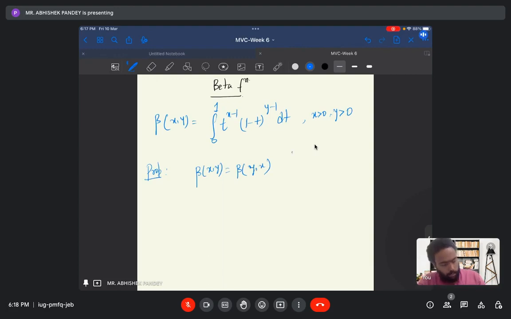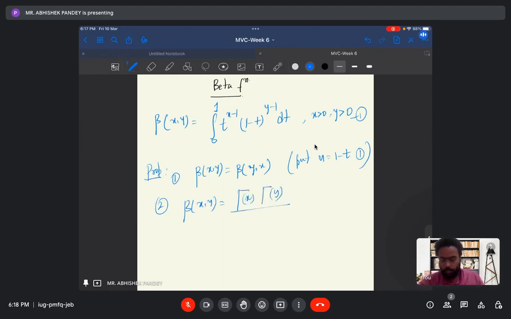The hint is to put u equals 1 minus t in the definition. The second property is beta of x comma y equals gamma of x gamma of y upon gamma of x plus y. This gives the relation between gamma and beta.